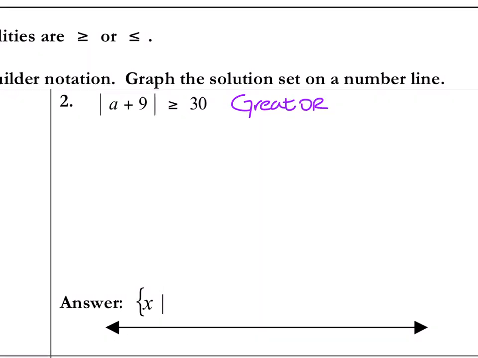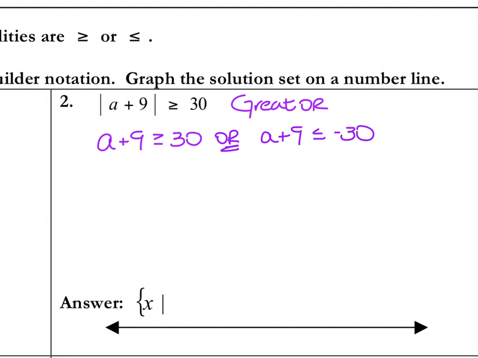A greater than absolute value is an or statement. So if you want to be more than 30 units from 0 on the number line, then you want to either be to the right of +30, or you want to be to the left of -30.